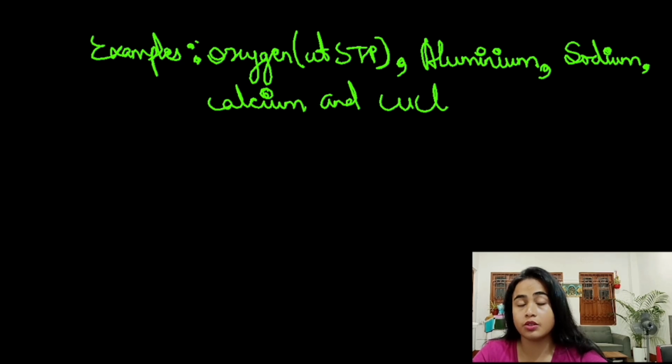Now this phenomenon only lasts when the source, the applied magnetic field, is there. The moment you disconnect it, the phenomenon will stop, that is, the dipole orientation would be random again.